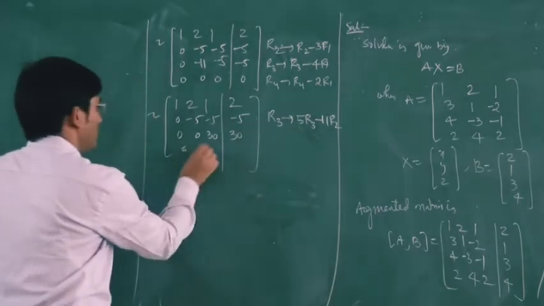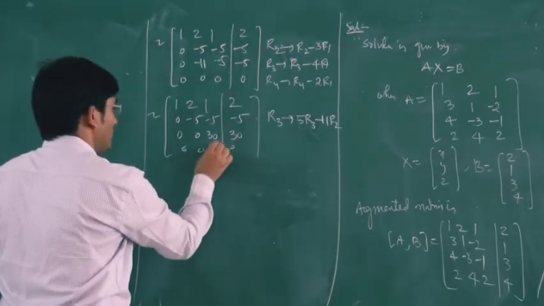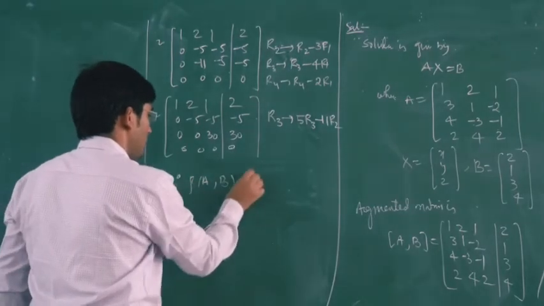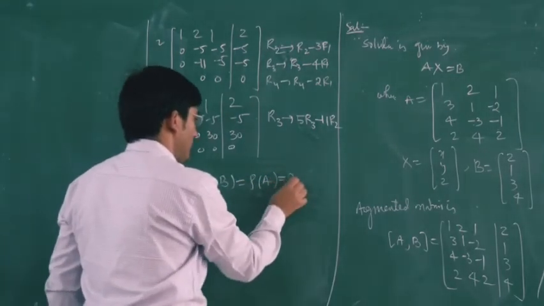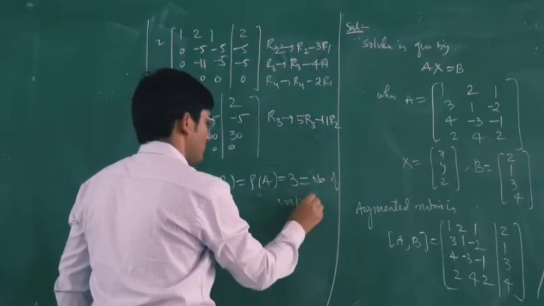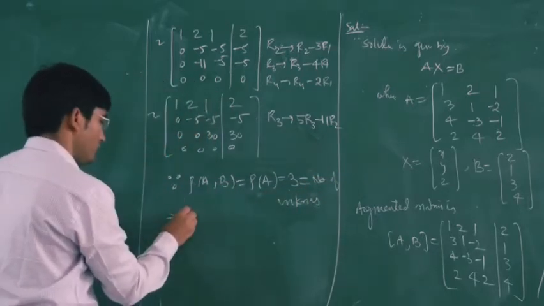So, because the rank of [A|B] is the same as the rank of A, equal to 3, and this is equal to the number of unknowns, we have a unique solution.